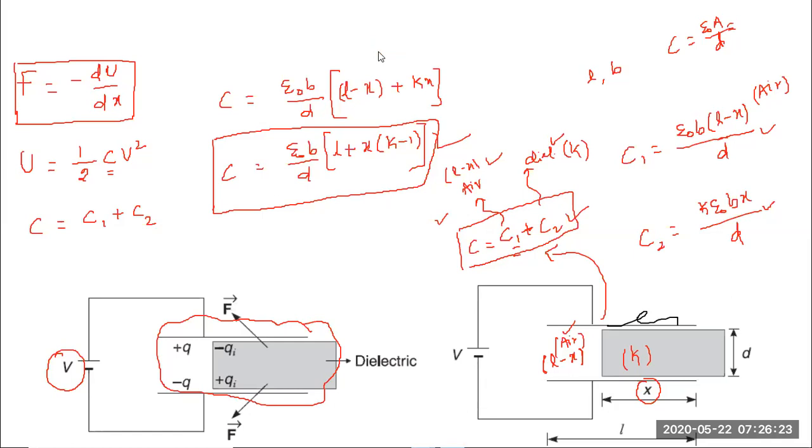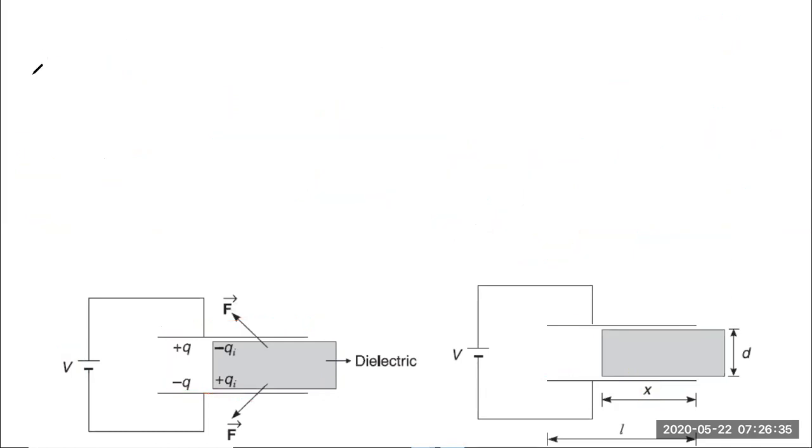Every one of you, please copy the content as I'm going to rub it, if you feel it is required. Then see, here I'm taking F is equal to minus dU by dx. Now, I'm going to take U as half CV square.